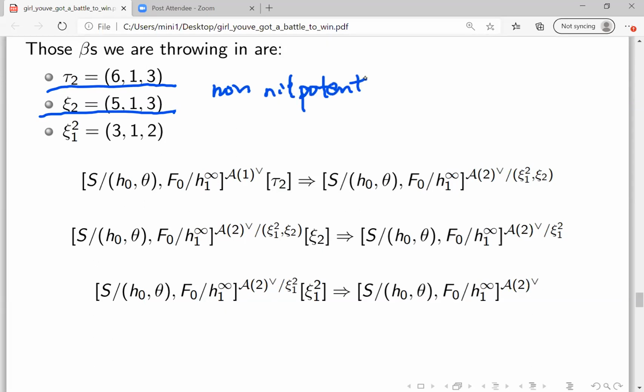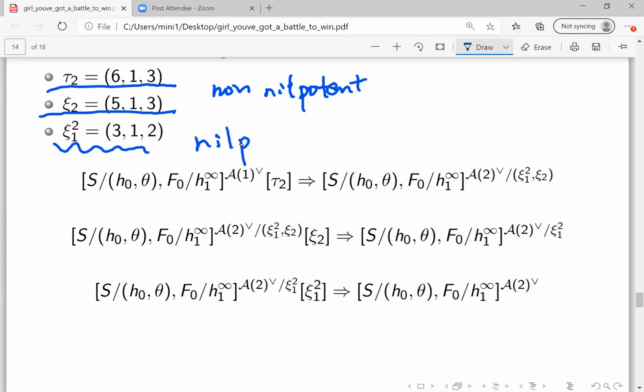And remember, we start with f greater than 0, so the flat plane. And so tau 2 brings it up to 1/6, and then C2 brings it to 1/5. But the third one is nilpotent, so we stop at 1/5.